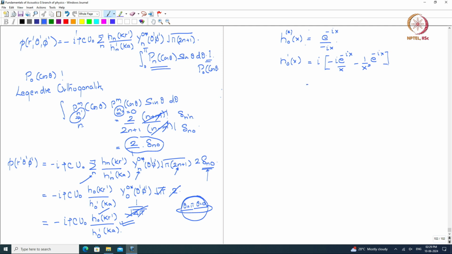Okay, so this gives me minus i by x square times x i plus 1 e to the power of minus i x. Okay, so then Hankel 0 dash of k a is minus i by k a plus 1 by k square a square e to the power of minus i k a.